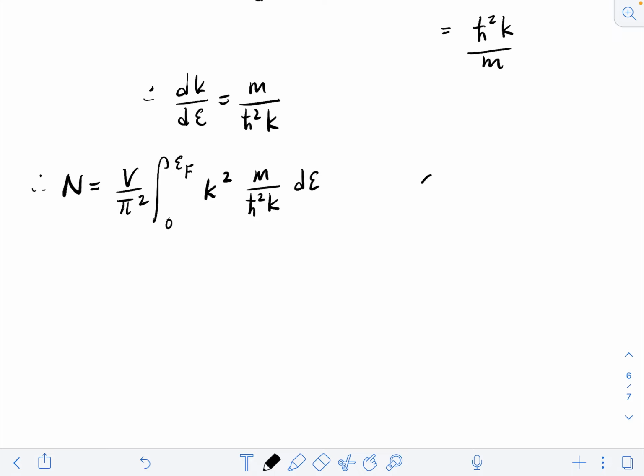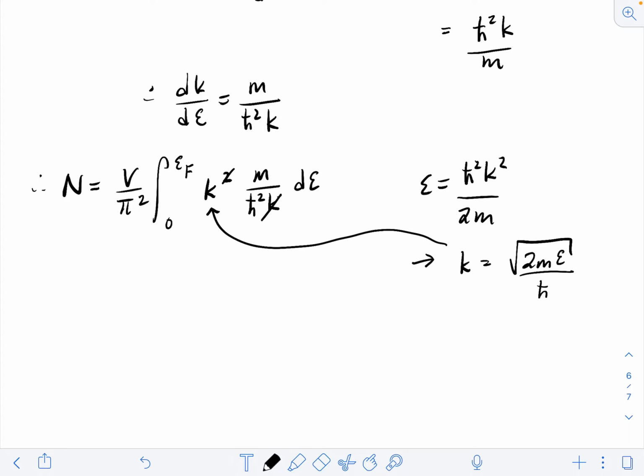So what's next? Energy is h bar squared k squared over 2m. So if you solve this for k, 2m epsilon over h bar squared would be k squared, so then take the square root. k is root 2m epsilon over h bar. And there's a k squared and a k that cancels, and we're going to make this substitution right there.